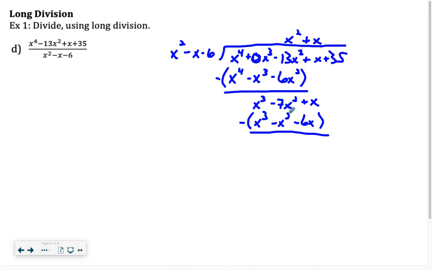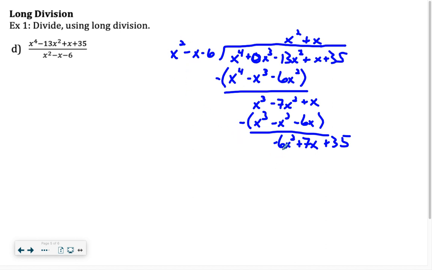So negative 7x squared minus negative x squared would be plus x squared. So that'll get me negative 6x squared, and x minus negative 6x would be x plus 6x, so plus 7x, and bring the next term straight down.